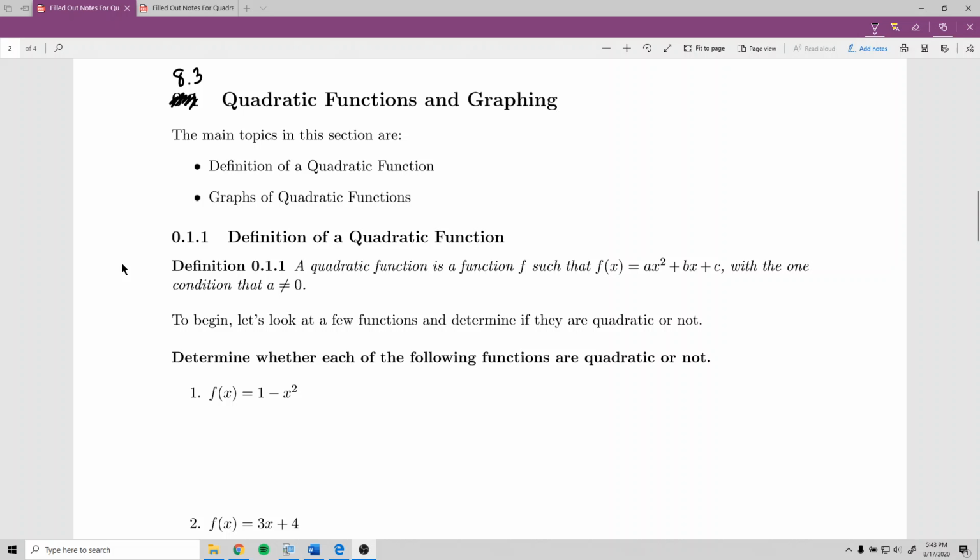Right, so the definition, we kind of mentioned this before, what a quadratic equation is. A quadratic function is a function f such that f of x equals ax squared plus bx plus c, with the one condition that a does not equal zero. So a quadratic function is one where you see an x squared and it's the highest power of x.